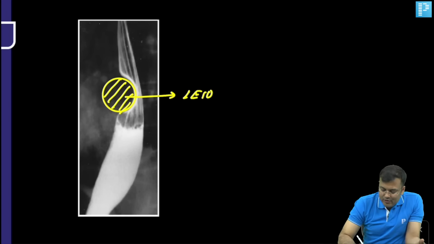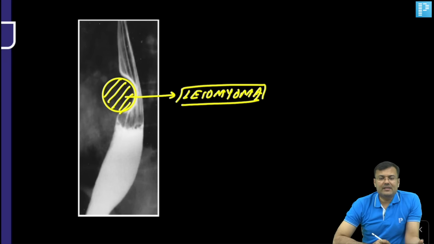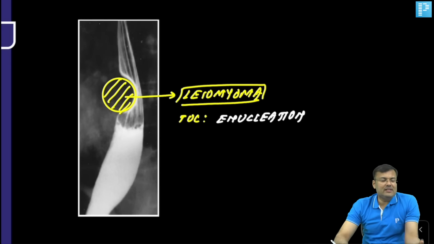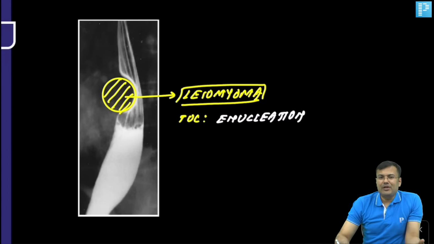And what is leiomyoma guys? It is the most common benign tumor of the esophagus, diagnosed by barium swallow. And can you tell me the treatment of choice? All of you know this is enucleation. So, the treatment of choice for leiomyoma is enucleation, clear?